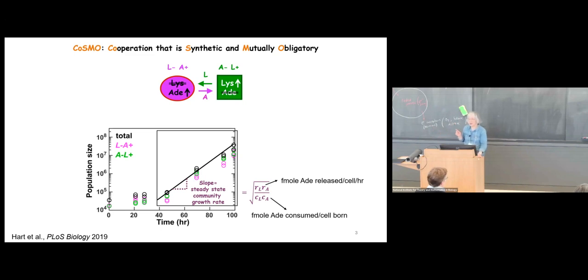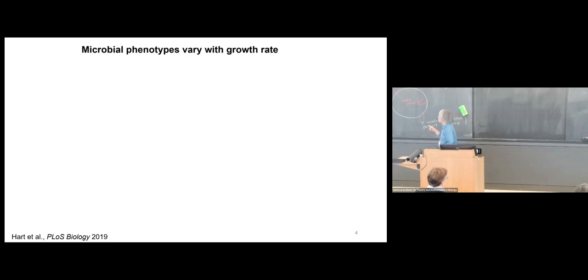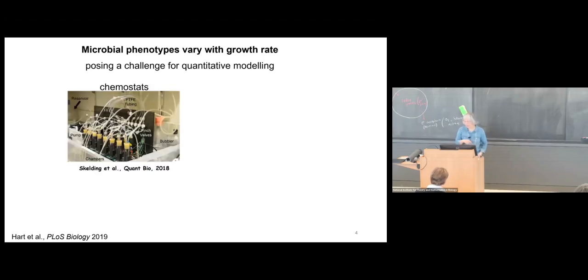And eventually, we figured out what was wrong. So the first challenge we encountered is that microbial phenotypes can vary with growth rate. To illustrate how we know this, which poses a challenge for quantitative modeling, we constructed chemostats.